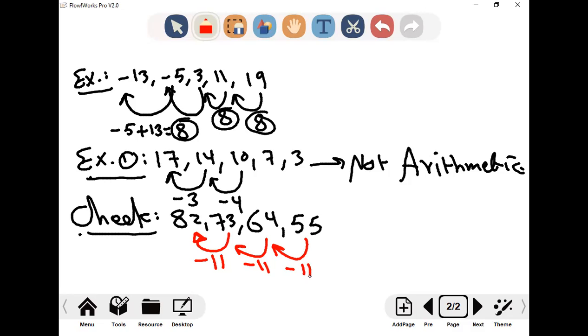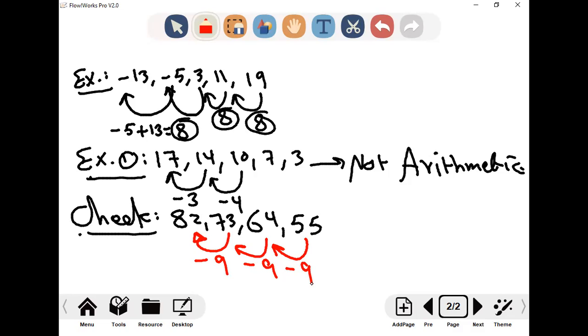Sorry, negative 9. They are what? They are arithmetic. It's arithmetic. Why? Because the common differences are all equal.